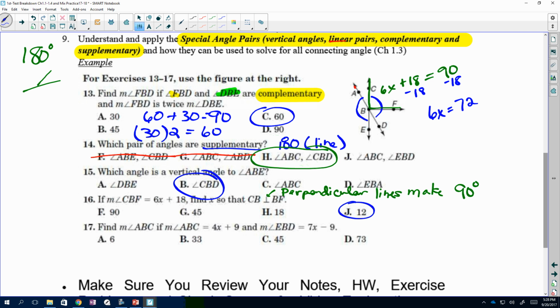Okay, and then the last one, find the measure of ABC. If ABC is 4x plus 9 and EBF is the other angle, I'm going to highlight those real quick. Let's do blue for A, B, C. That's this angle, this interior part right there.